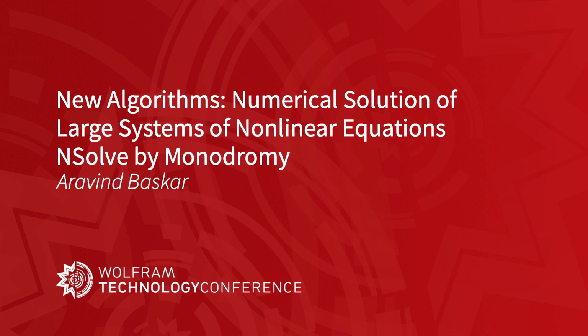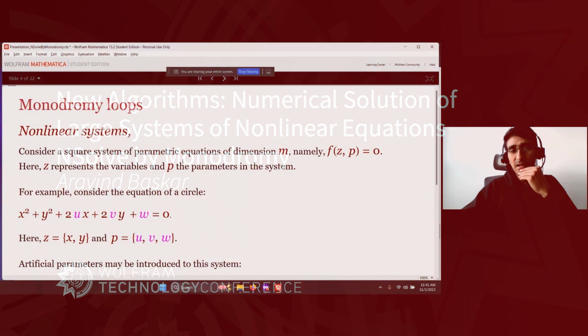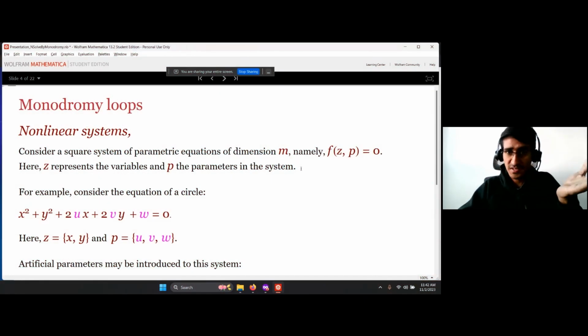Okay. So let's look at what kind of systems we are studying. We are looking at square systems and parametric equations, because monodromy loops are always associated with some parameter space.